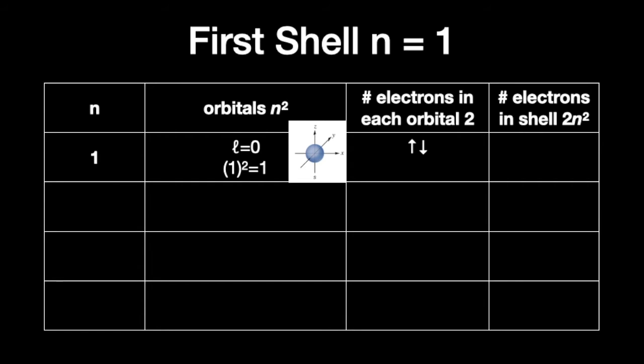Now, there are two electrons that can reside within this electron cloud if they have opposite spins, and so there's just going to be 2 electrons here. You could compute this: we have 1 orbital multiplied by 2 is 2. There's a total of 2 electrons in this shell, therefore, we don't really need to go through this 2n squared, but 2 times 1 to the second power is just going to be equal to 2.